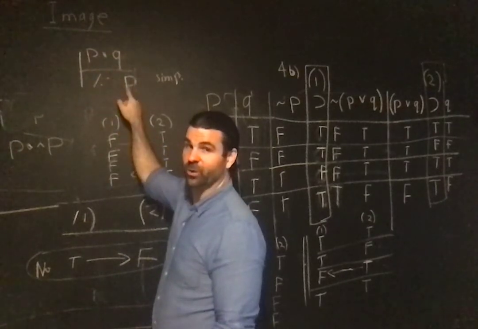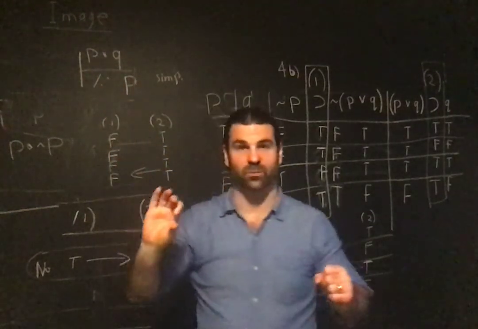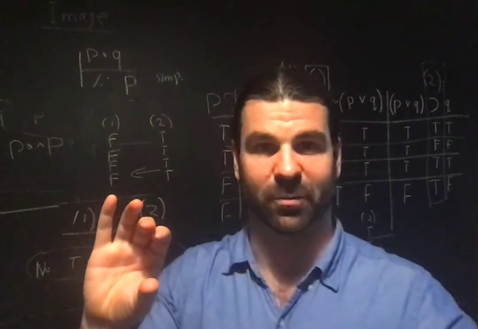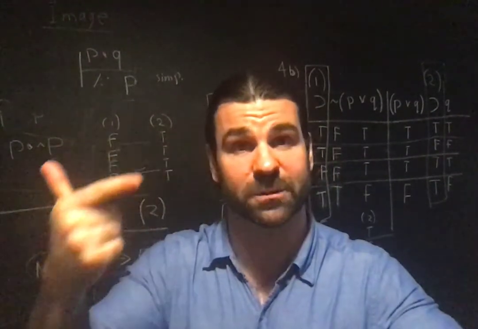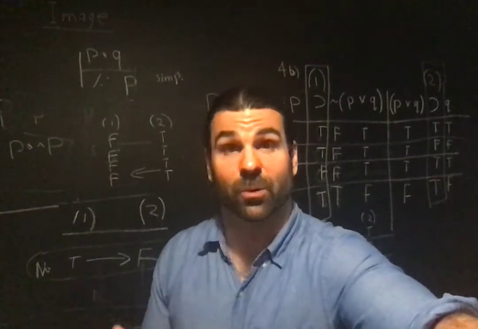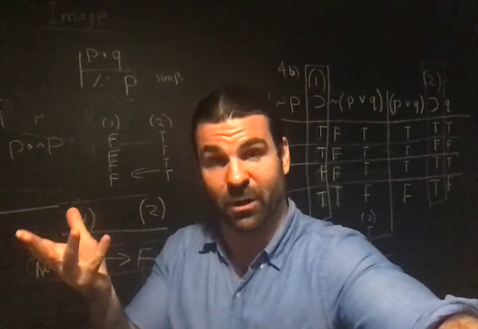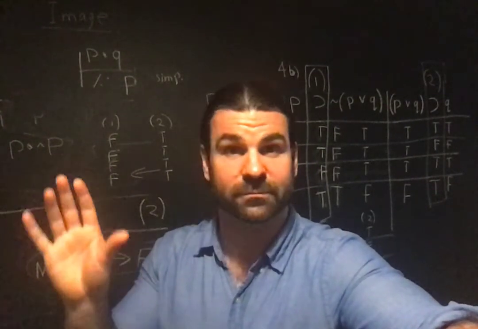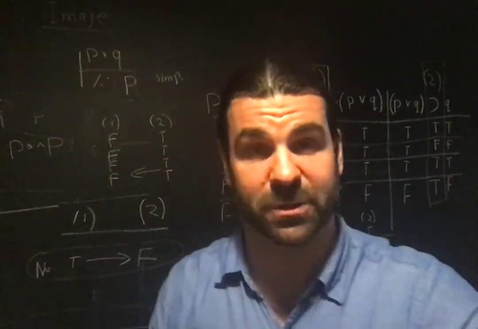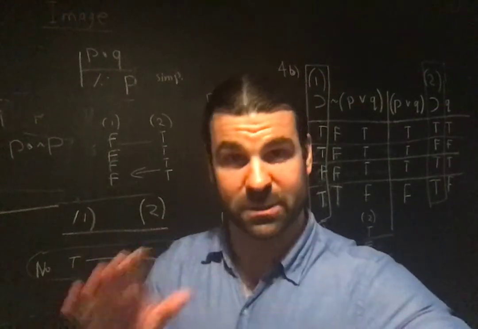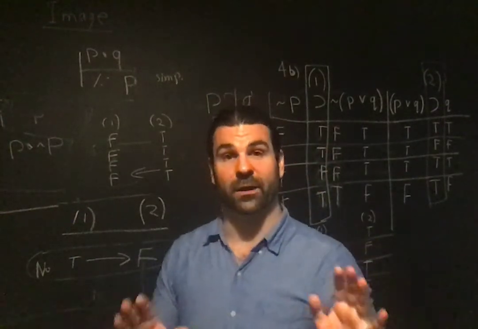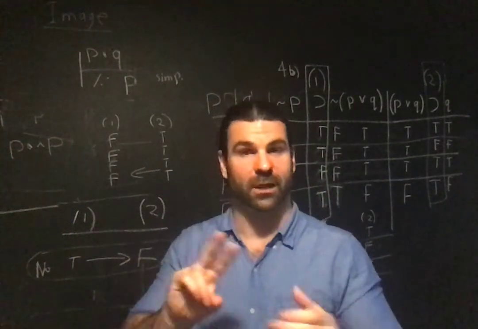So you wouldn't want to, right? You could be replacing a subformula which is true with a subformula which is false, and of course that's going to affect the truth value of the formula as a whole. Because the formula as a whole is determined by the truth value of the components, but you might have changed the truth value of the component. So that's just to say why the replacement rules have those 2 differences.